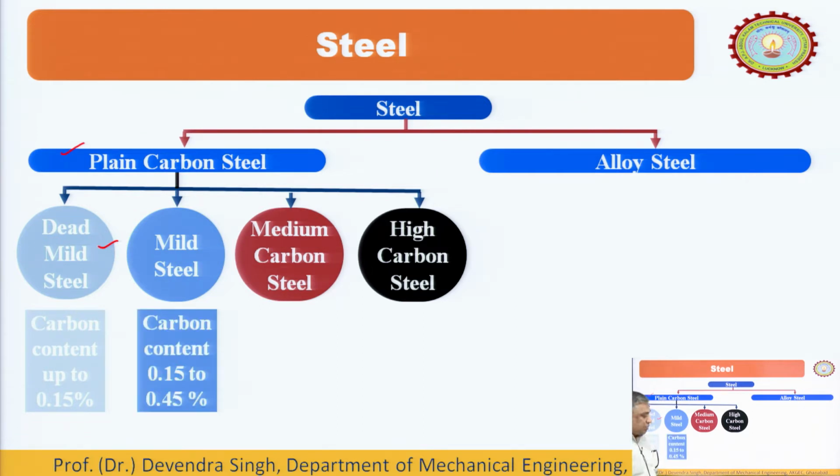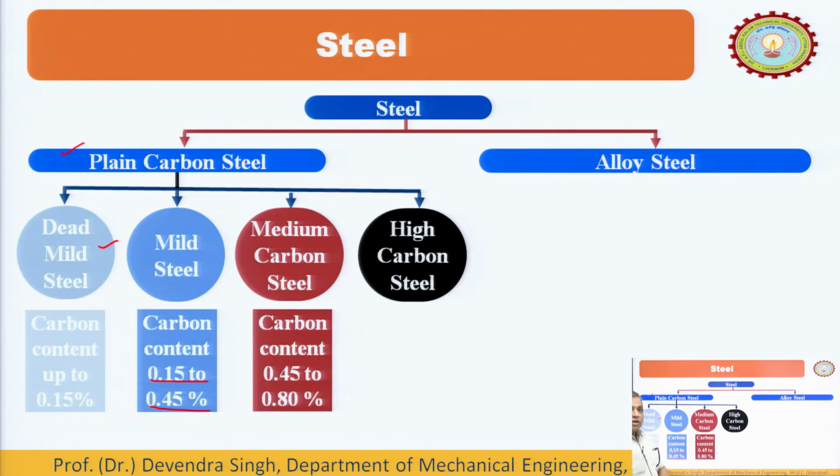And if the carbon percentage is between 0.15 to 0.45%, then we call it mild steel, which we find very commonly used in engineering. Medium carbon steel, the carbon content varies from 0.45 to 0.80%.